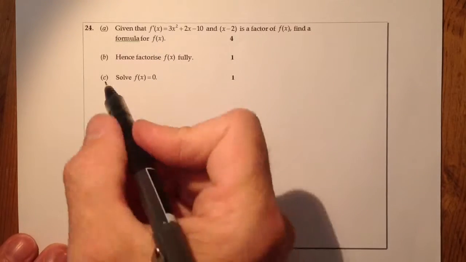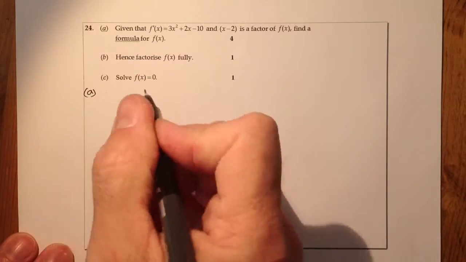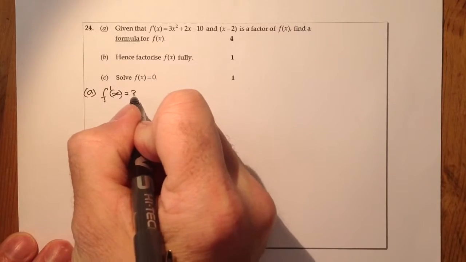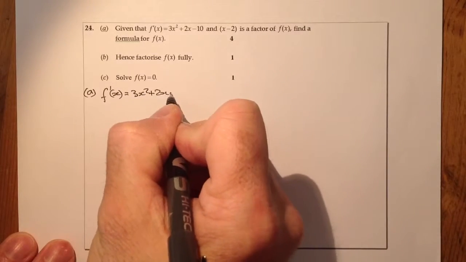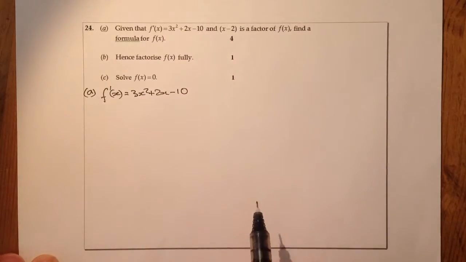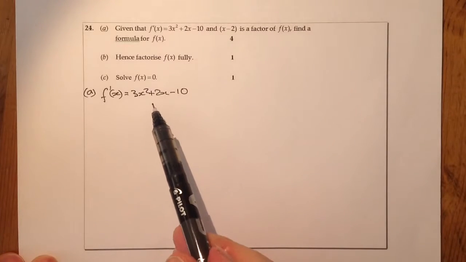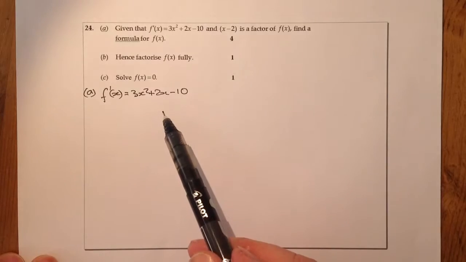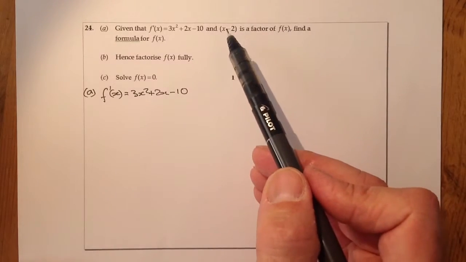Okay, so let's go ahead and start part A. Starting with f dashed of x, what I'm going to do here is integrate this and try to find the general solution, and then I'm going to use this part here.